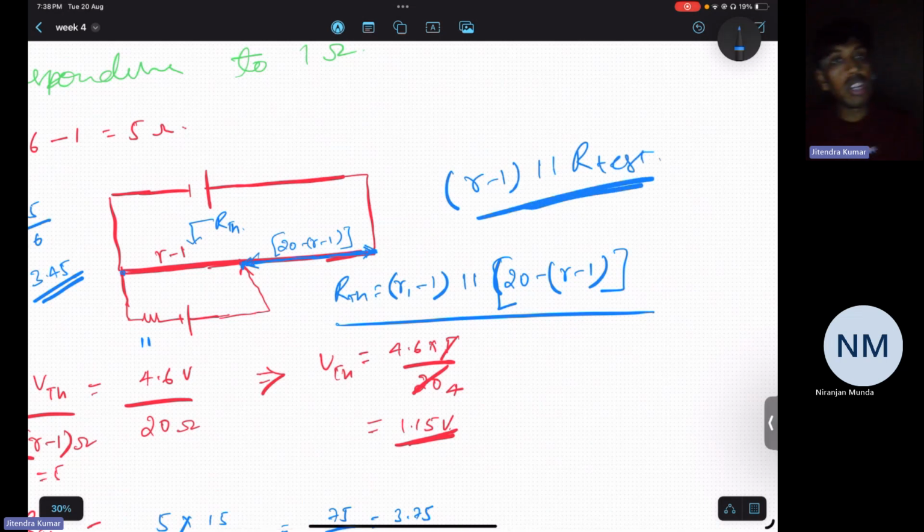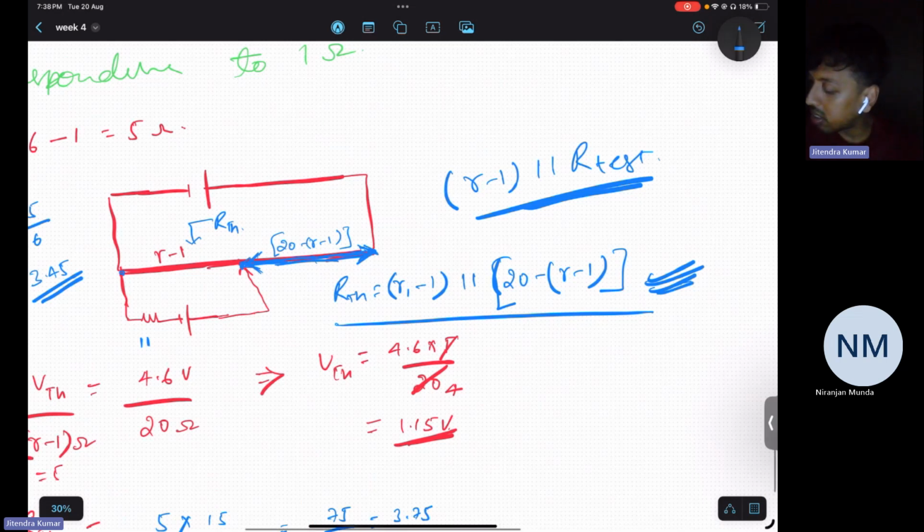But as you move your jockey left or right, to different positions from the null position, these values are going to differ from each other. In that case, it is preferable to take this value of this process. That is why a little bit of difference or discrepancy will appear in your answer. But if it is different from the null position, then it is recommended to use this method.